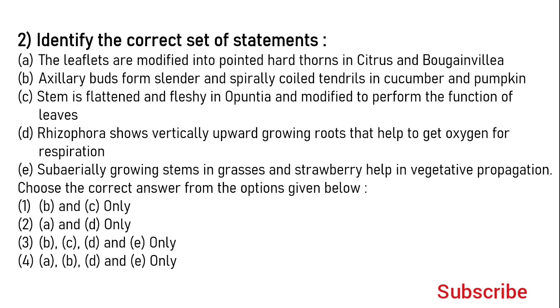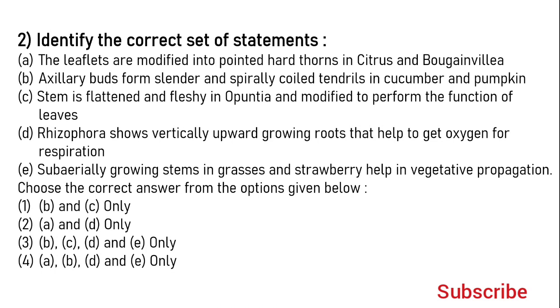D. Rhizophora shows vertically upward growing roots that help to get oxygen for respiration. And E. Subaerially growing stems in grasses and strawberry help in vegetative propagation. Now we have to choose the correct answer from the options given below.